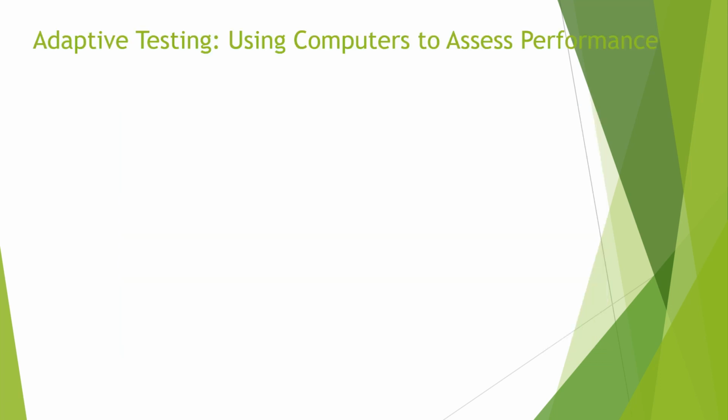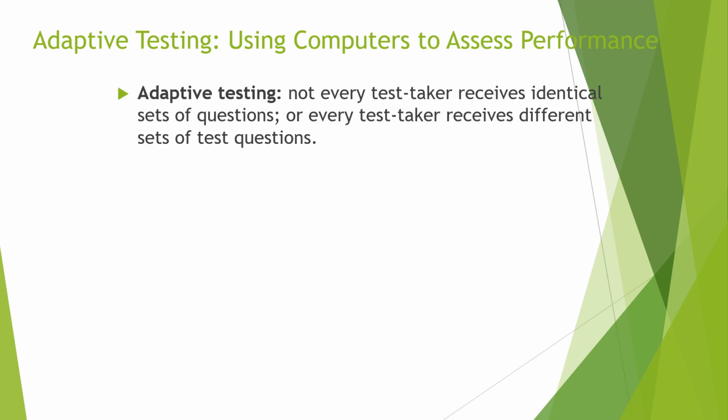All right, let's look at adaptive testing. This is the last slide in this module, and it is using computers to assess performance. What we see with adaptive testing is that not every test taker receives an identical set of questions; every test taker receives different sets of test questions. The computer itself individualizes the test to the test taker.